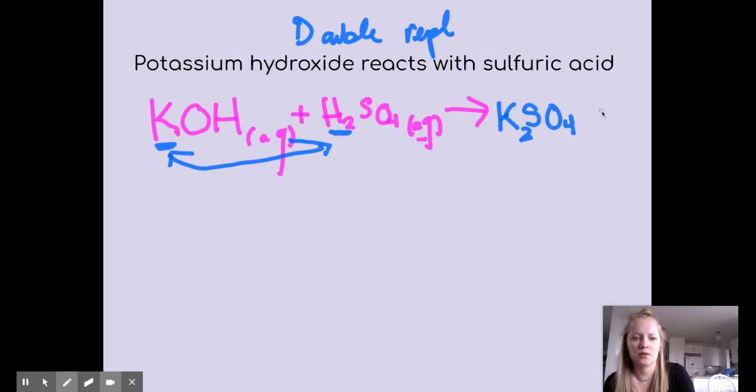Okay, I will check my solubility chart in order to figure out my state. So, SO4, find my anion. Then I'm going to find potassium. Potassium is in my most, so therefore it is an aqueous state. Okay.